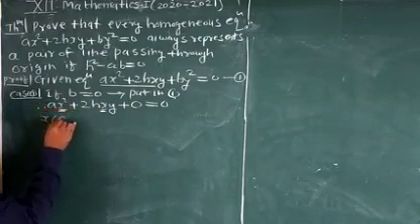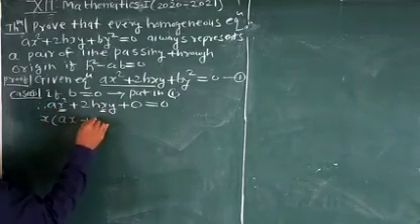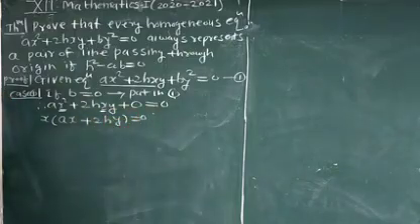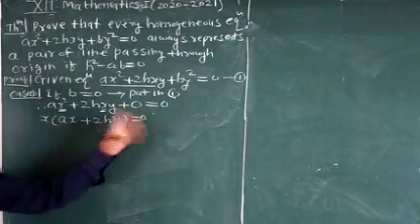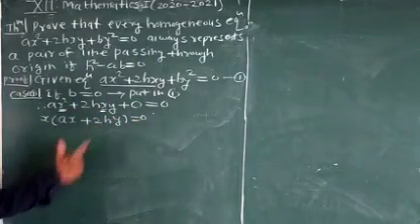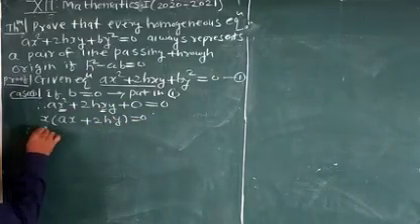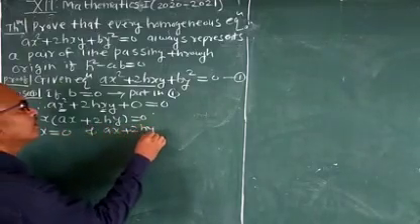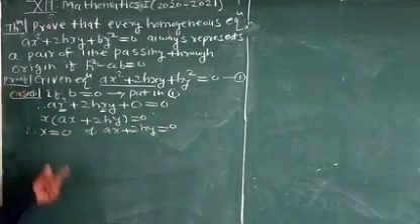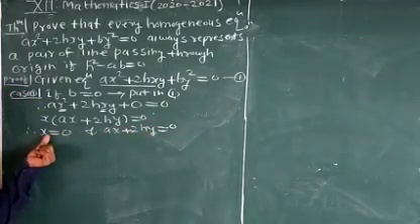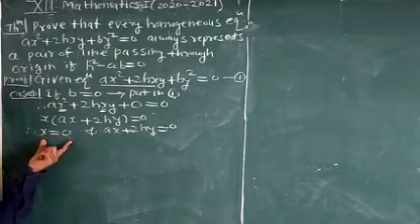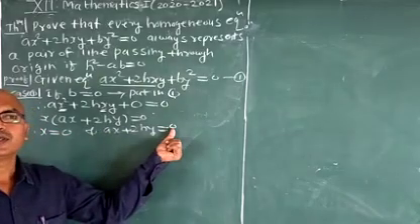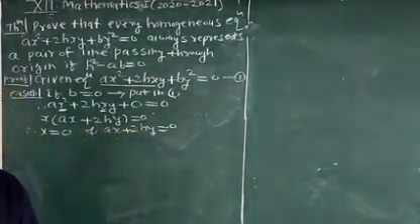So x into (ax plus 2hy) equal to 0. The product of these two brackets is 0, so the separate equations are x equal to 0 and ax plus 2hy equal to 0. These two equations have no constant term. x equal to 0 means this line passes through the origin, and ax plus 2hy equal to 0 also has 0 on the right side. Hence, both lines pass through the origin.